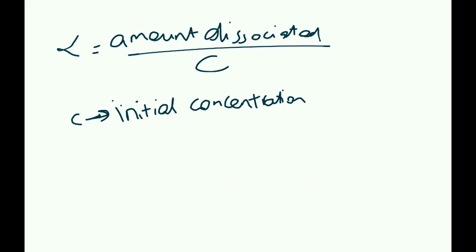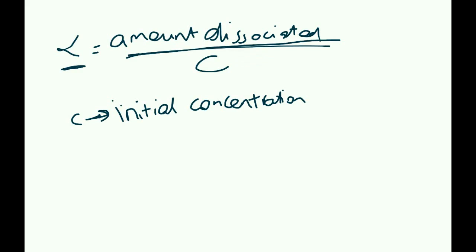Now, for example, let's go back to this formula which I spoke to you about before. Alpha, the degree of dissociation, is given by the amount of substance that's dissociated divided by the initial concentration, which I've denoted by C over here.